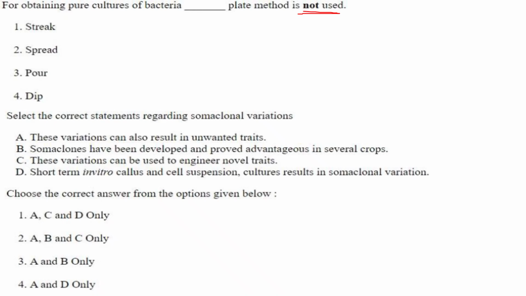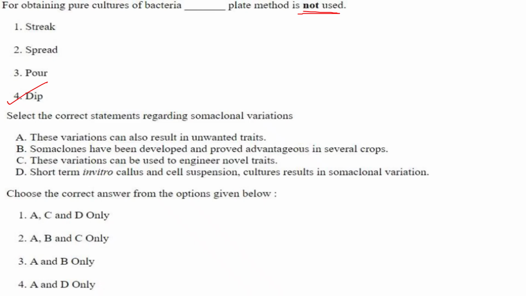That also gives pure cultures of bacteria. Then pour plate means you mix the bacterial sample with molten agar and pour it into a petri dish. After solidification, colonies grow on the surface. So dip plate is not used for pure cultures of bacteria.